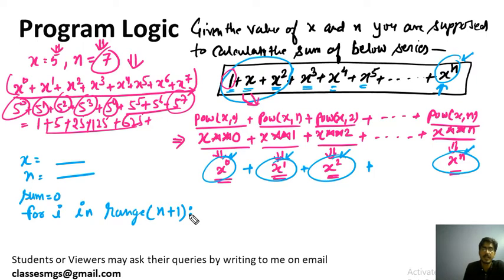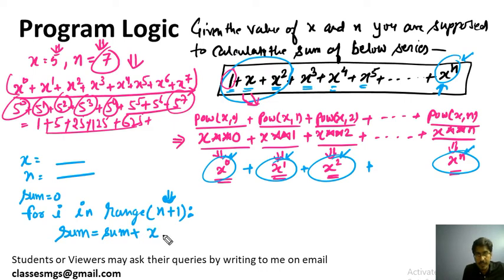Whatever value is entered in n, don't get confused, because range returns the list of values up to n minus 1. That's why I have added 1 here. Now I will write sum equals to sum plus x raised to power i.